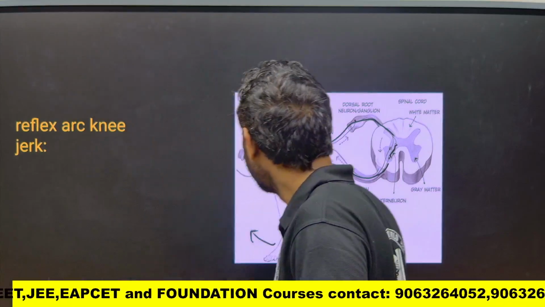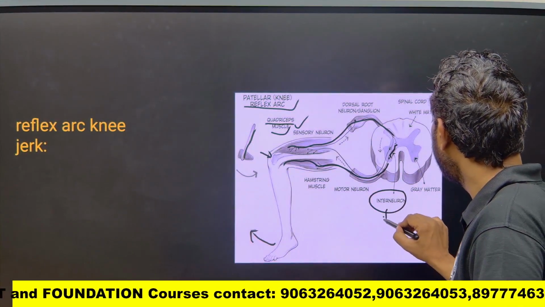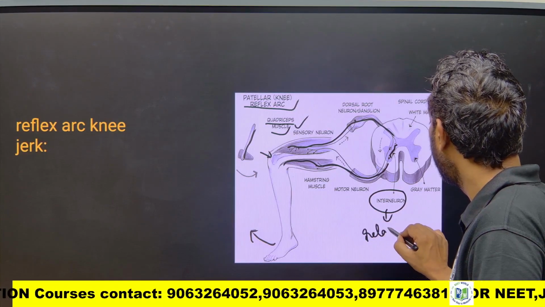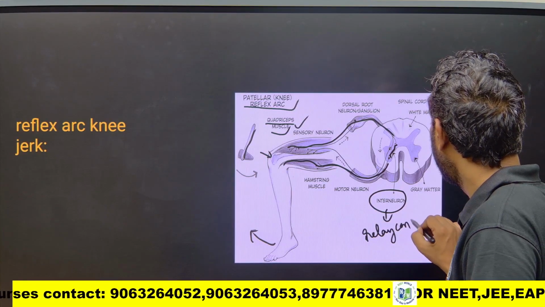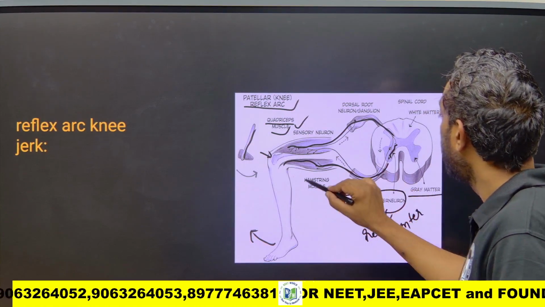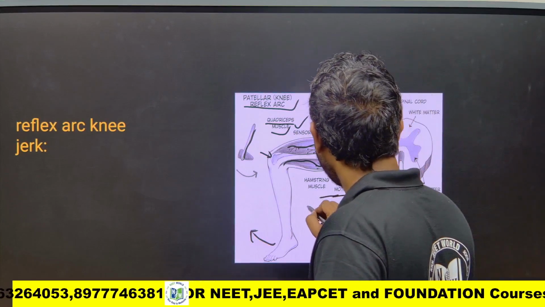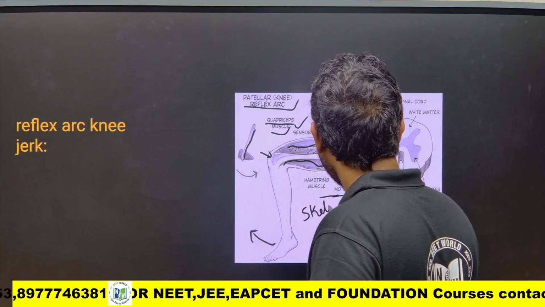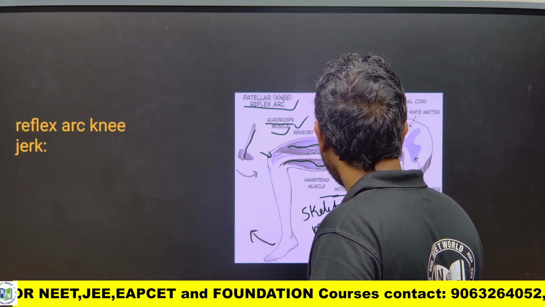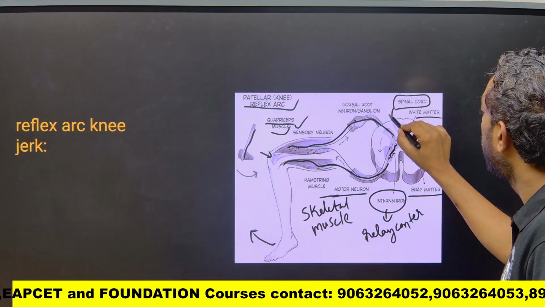There is an interneuron, which is the decision maker, the relay center, in the gray matter. The motor neuron gives the signal to the somatic nervous system, the skeletal muscle. This is white matter, and this is the spinal cord.